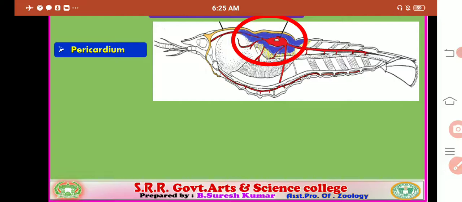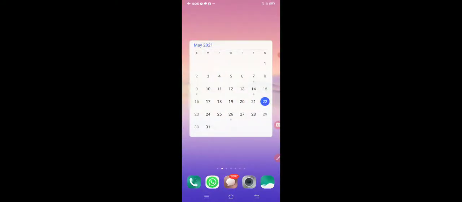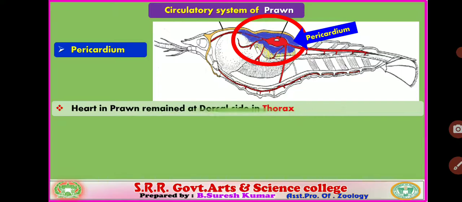Inside the circle you have to observe. Yes, you see that is the heart, and around the heart the blue color marked region, that is pericardium. Followed?